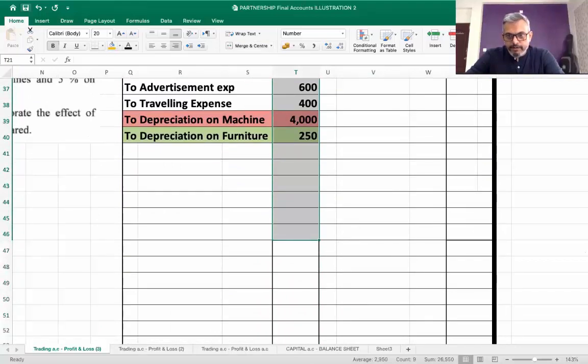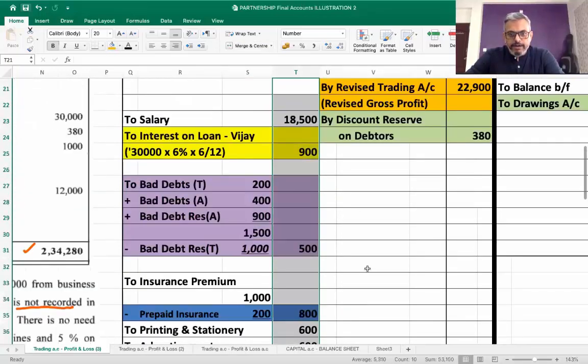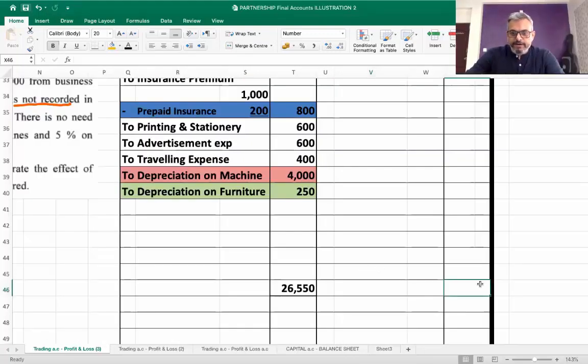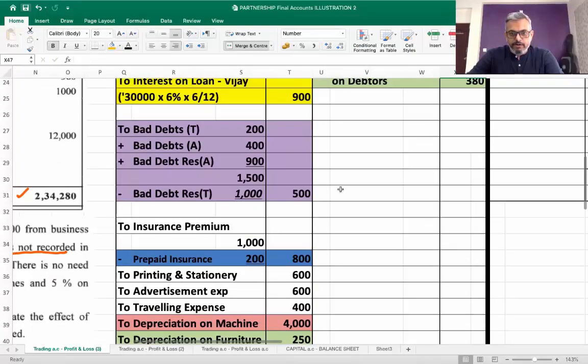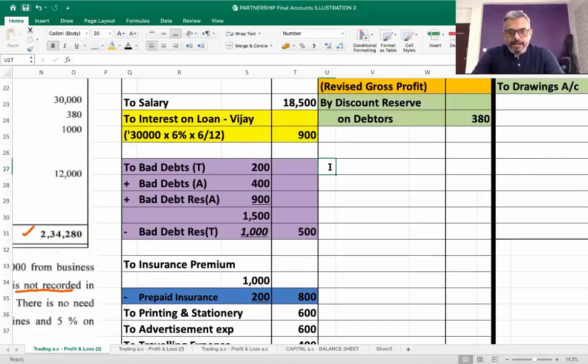So let's do it. 26,550. Same we write on the credit side. And we find out the loss by profit and loss appropriation account.